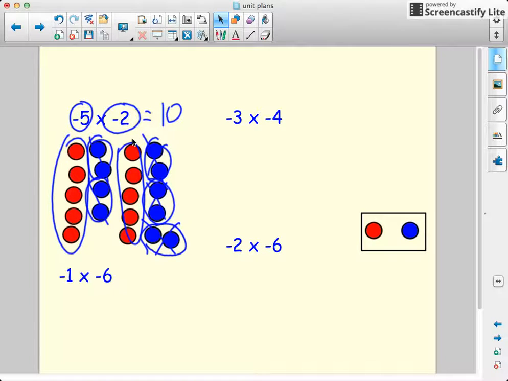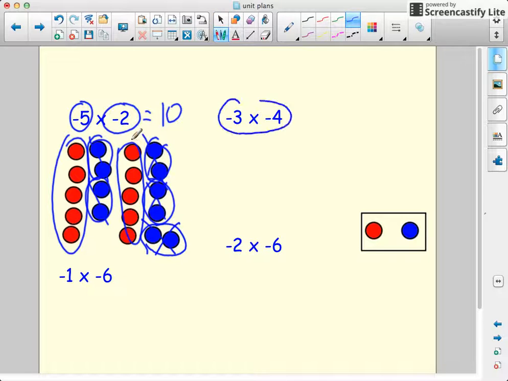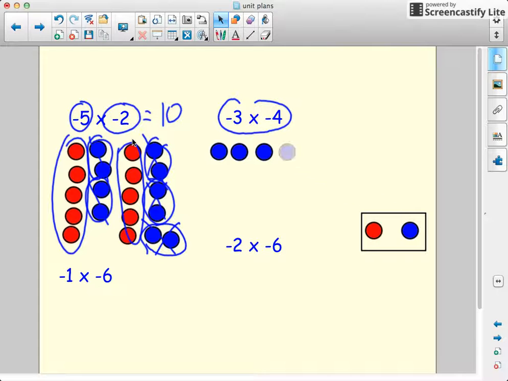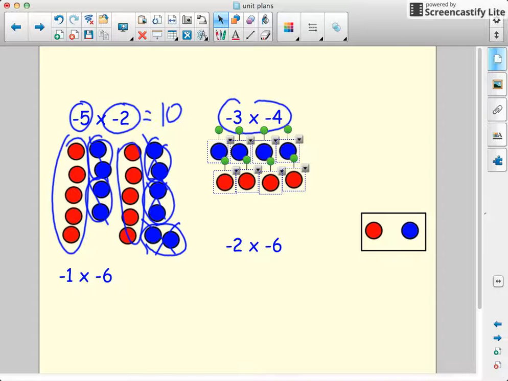Okay, so this is a little bit harder. You're removing groups of. So this one I'm removing 3 groups right here. Removing 3 groups of -4. So I need 3 groups of -4. But if I'm going to do 3 groups of -4, I have to do 3 groups of +4 first. Okay, so I'm going to copy these.